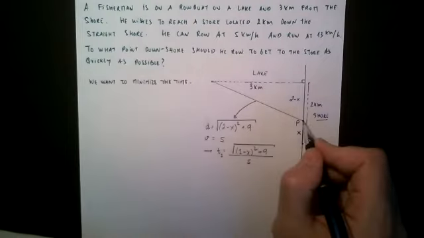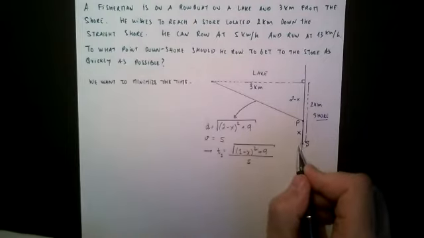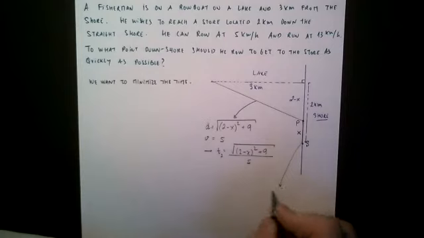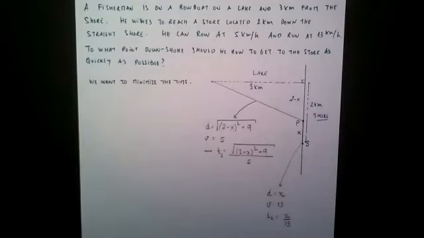Okay, and for this part here, what is the time for this part? So the distance is x, the velocity now is 13, and so T2, the time from here to here, the time that it takes him to run, is d over v, so x over 13. Any questions so far?